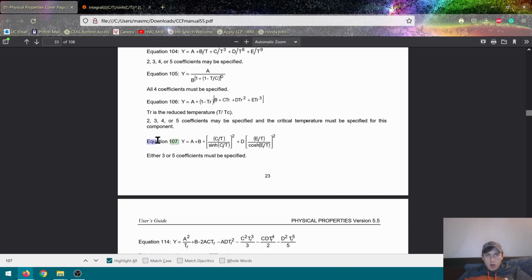Next, for our formula, we're going to be using equation 107 from KimCAD. You can see here you have A and B relating to C and T, and then E and T separately. So we're going to solve each of these individual components using Wolfram Alpha.